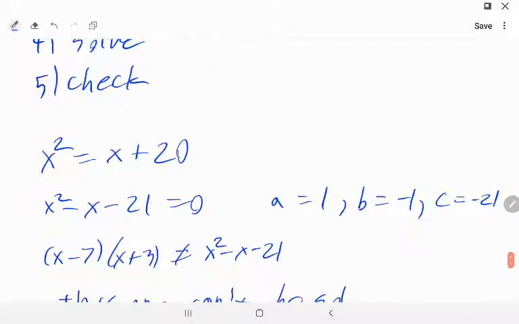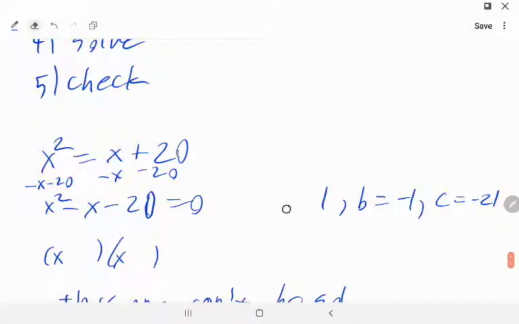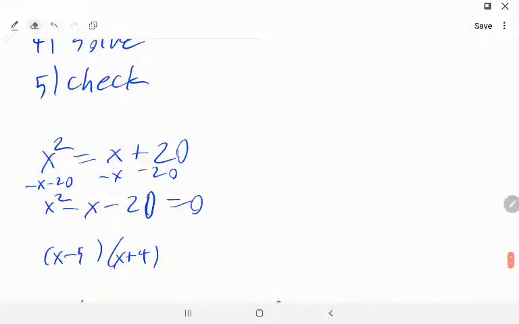And so we now know that x squared minus x minus 20 is equal to 0. We can subtract x and subtract 20 from both sides. So now we're going to get x minus 5, x plus 4 equal to 0, and so then we can set each factor equal to 0.